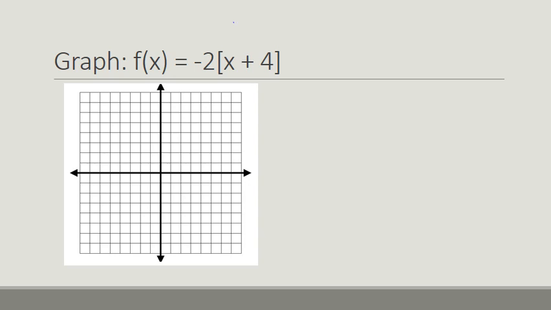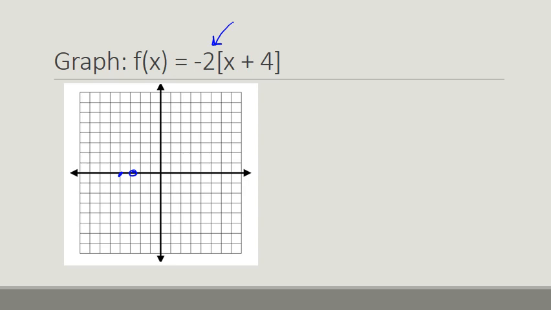Okay, last example, this time we're going to make it 2 times as high. We're going to flip it over the x-axis and move it left 4. Okay, so we're going to start here, but now, instead of going up, we're going to flip it over the x-axis.